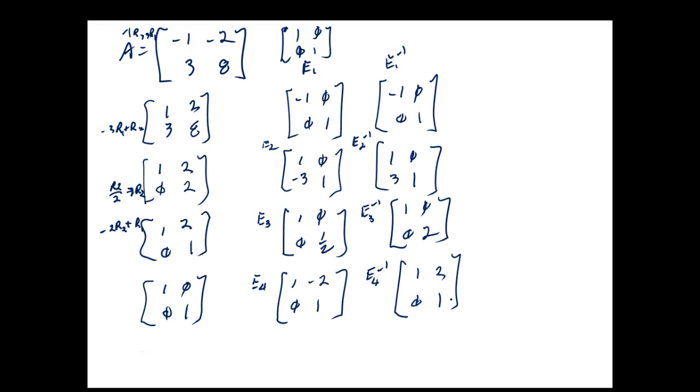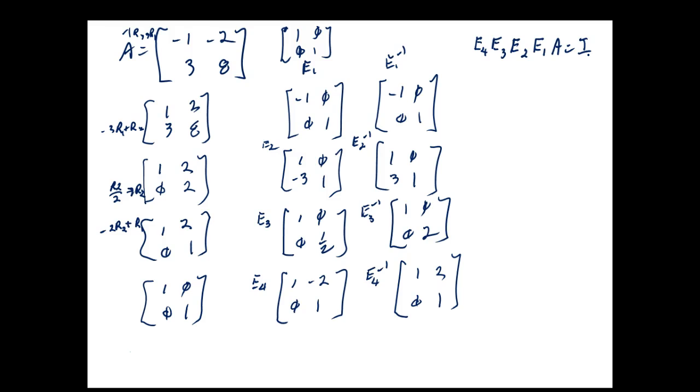Now, find the sequence of elementary matrices whose product is this non-singular matrix. Since we know that E4 times E3 times E2 times E1 times A is equal to the identity matrix, how do we get this back to being A?